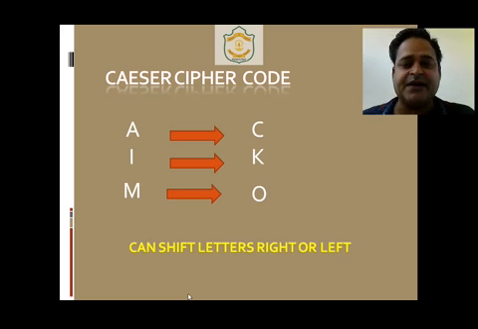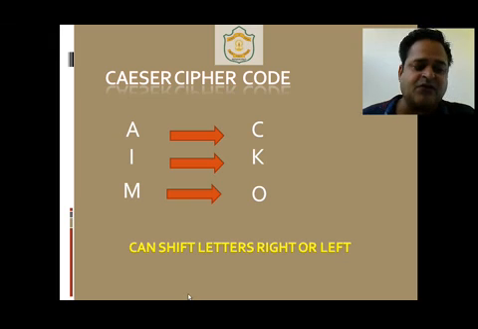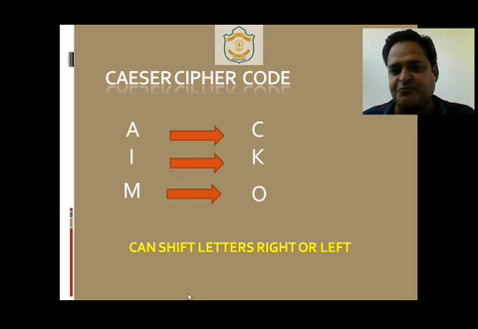You can write your name by skipping maybe 2 letters, using the third letter, maybe skipping 4 letters, using the fifth alphabet. So this is just an example. You can shift letters right or left. We can use the previous letter also.